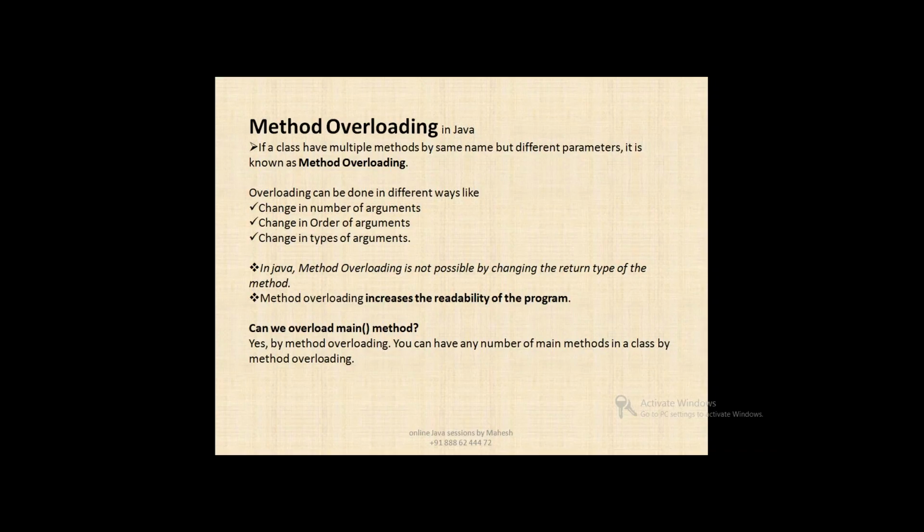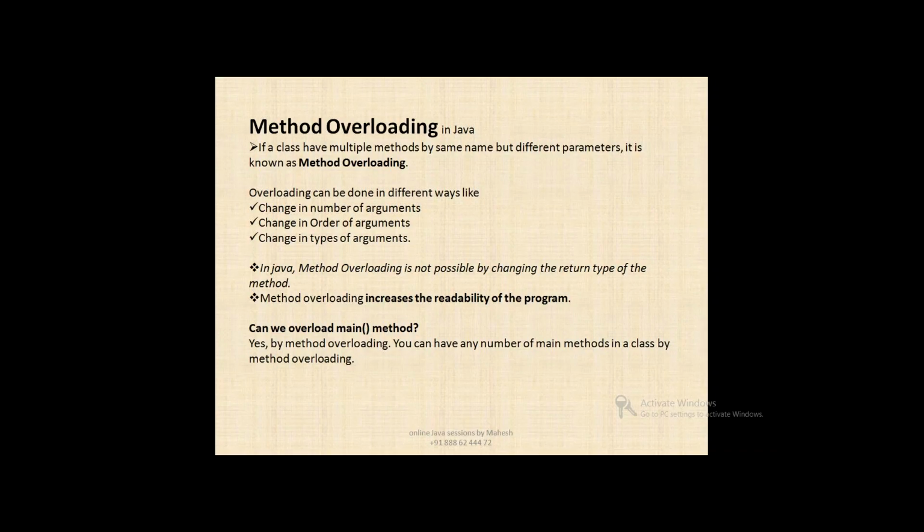That means we may get 15 fields, we may get 16 fields, we may get 17 fields, we may get n fields. We are not sure about that. So if you have a change in number of arguments with the same method name, we can say it is method overloading. That is one of the ways.